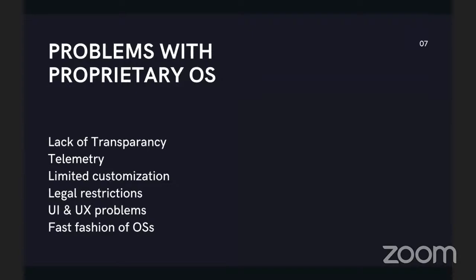As proprietary systems, they lack transparency and have excessive telemetry, lots of tracking, and ad recommendations everywhere, and limited customization, as they are developed by the development team of the organization to suit most people, but they are not tailor-made and cannot be changed to your requirements.